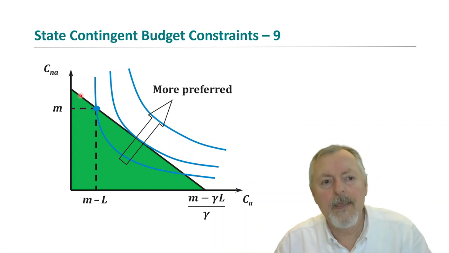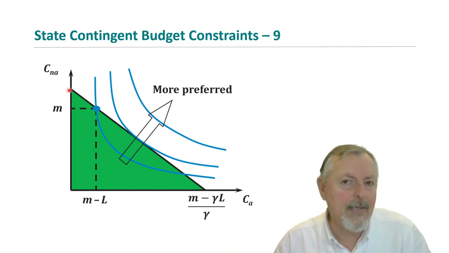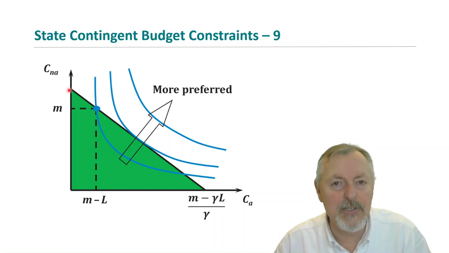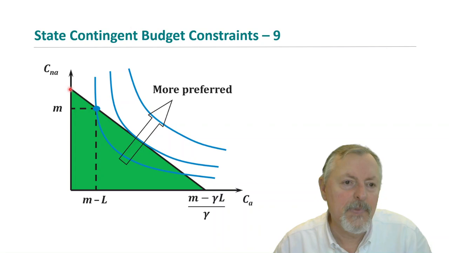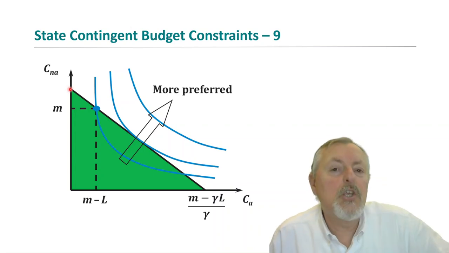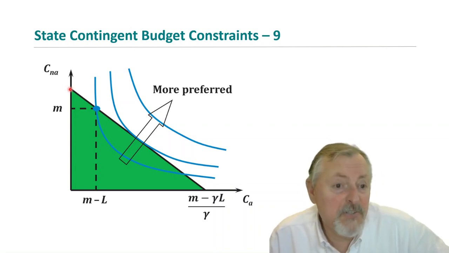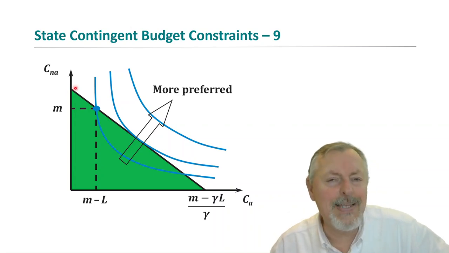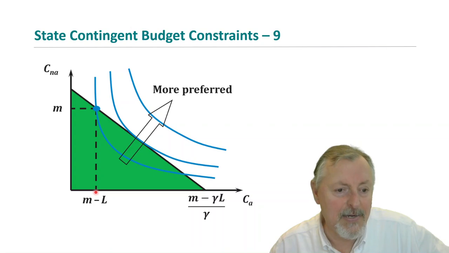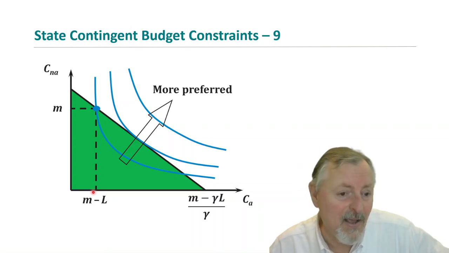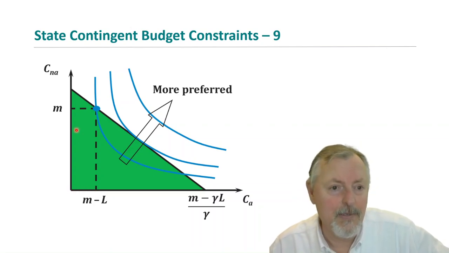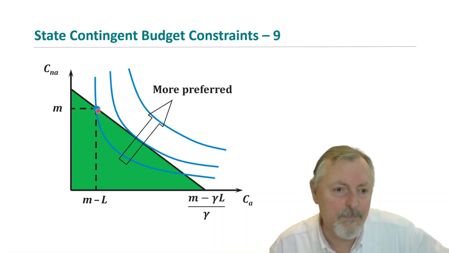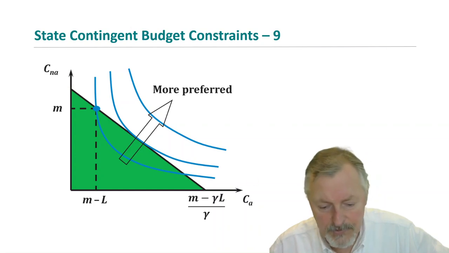It's the same thing, except this way, you're not buying insurance, you're selling insurance. I want to be up here. This means, all right, you give me money. If there's no accident, I keep it. My consumption is higher. But if there is an accident, not only do I lose money from the accident, but I also give you a check. If you start here, this is buying insurance. This is selling insurance.